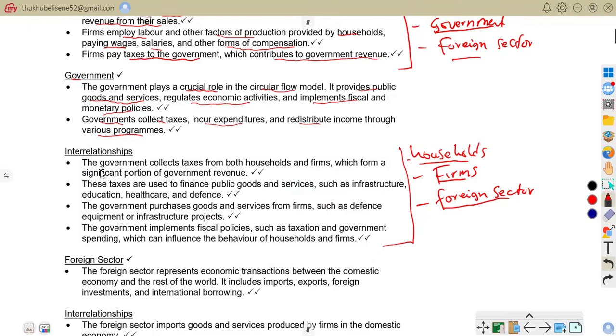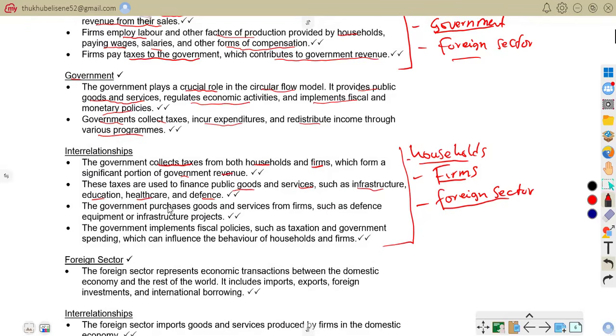So now let us make it more clear. The government collects tax from both households and firms, that's what we have said, which forms a significant portion of the government revenue. These taxes are used to finance public goods and services such as infrastructure, education, healthcare, and defense.